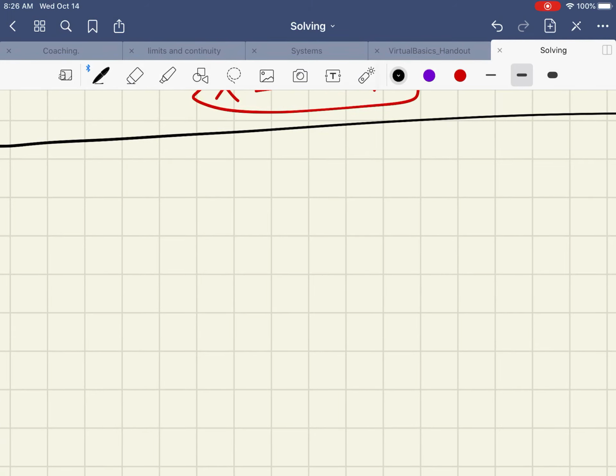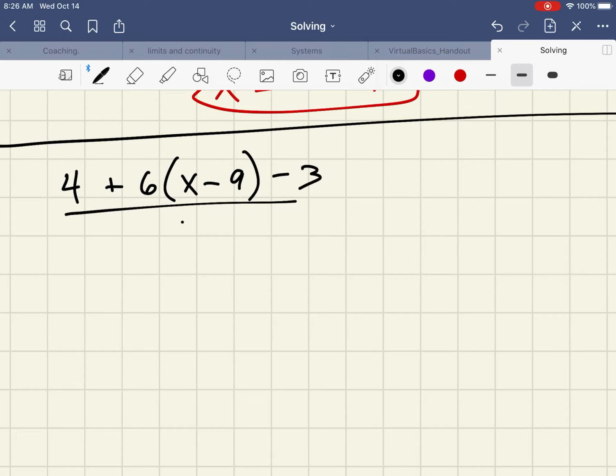Different type of equation. 4 plus 6 times x minus 9, minus 3, over 5 equals, let's just go 10.